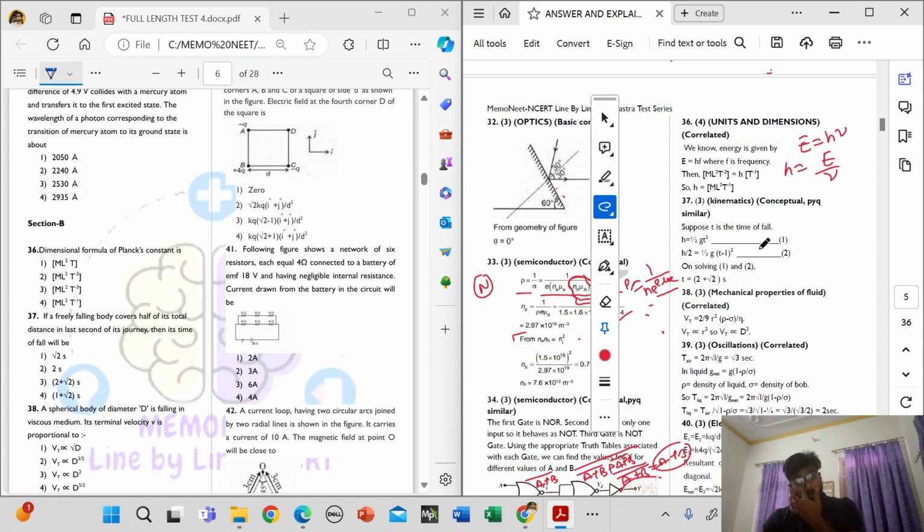So for the dimension formula of h, see, the dimension formula of energy is M L squared T to the power minus 2, and the dimension formula of frequency is T to the power minus 1. So T minus 2 here, and T minus 1, so here we get T to the power minus 2 plus 1, that is M L squared T to the power minus 1. This is the dimension formula of Planck's constant. So you can match it with the options.